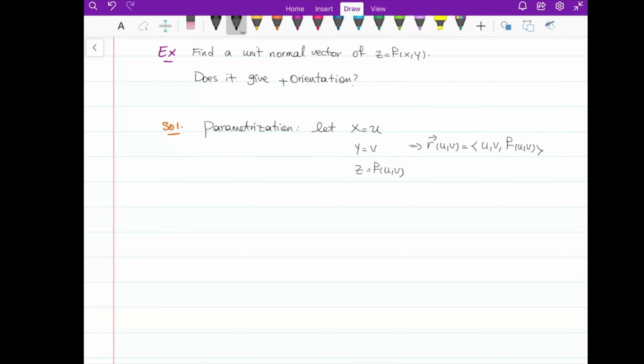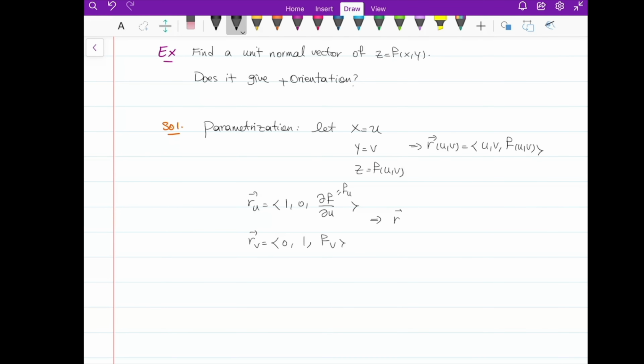Okay? And if you remember, the normal vector for this vector function would be the cross product of the partial derivative of r with respect to u and the partial derivative with respect to v. So r with respect to u is 1, 0, and then the partial derivative of f with respect to u. I can also use this notation here. And r with respect to v would be 0, 1, and then f with respect to v.